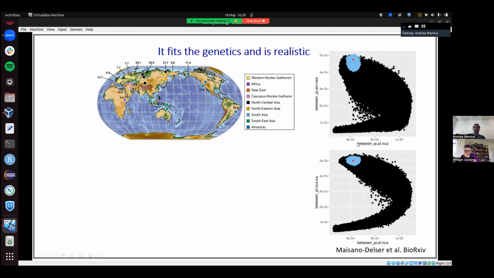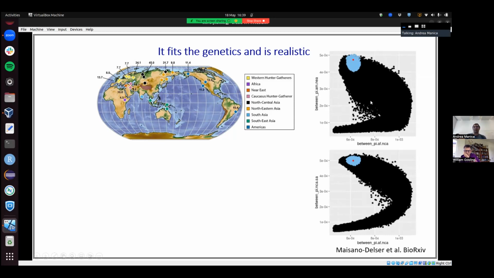So here you have different pairwise comparisons of genomes, with two pairs plotted against each other. In black, you have all that the model can generate with various parameters. In red, you have the real value in the real world. And in blue, you have what we consider pretty good simulations.